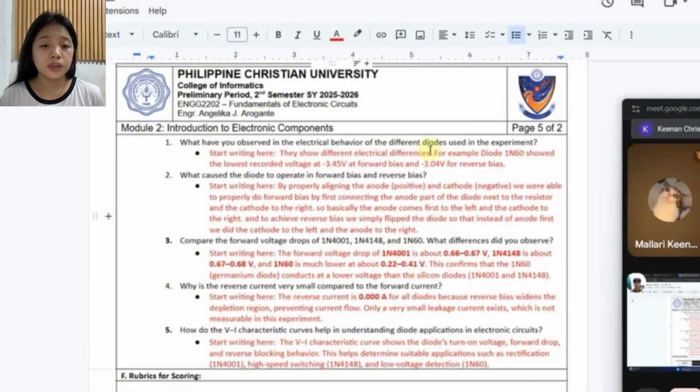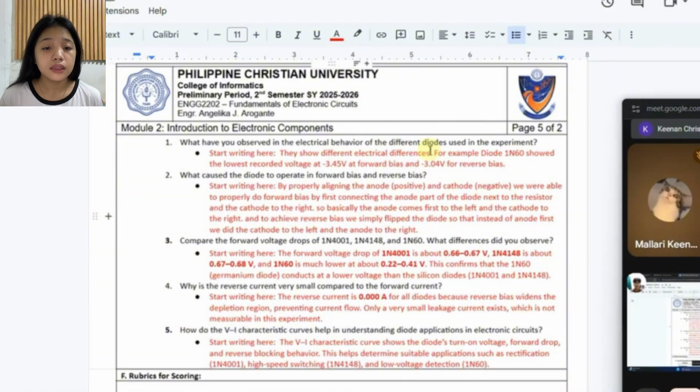And for the next question, compare the forward voltage drop of 1N4001, 1N4148, and 1N60. What differences did you observe? Based on the observation we made in the experiment, the 1N4001 has a forward voltage drop of 0.66 to 0.67 volts.